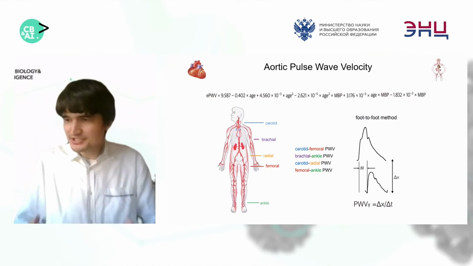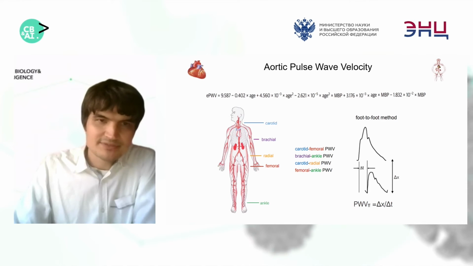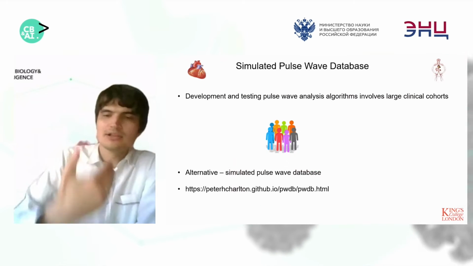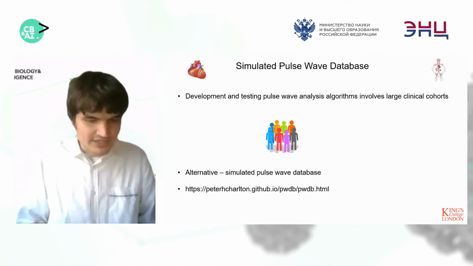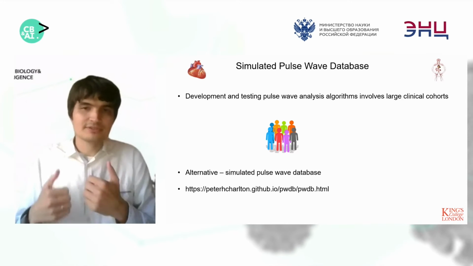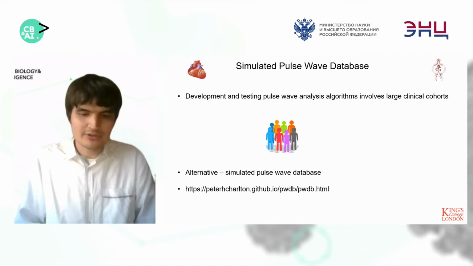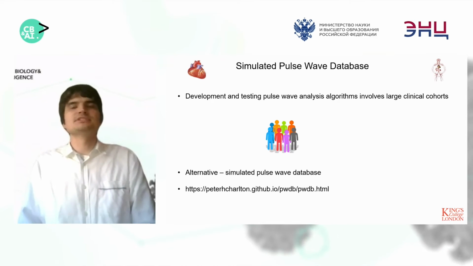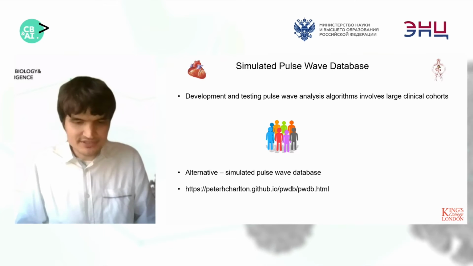There are many variants of this method. Because of that, if you want to test each new algorithm to calculate pulse wave velocity or to diagnose some kind of cardiovascular disease, we need to carry out an extensive experiment. We need to find a large cohort of patients.